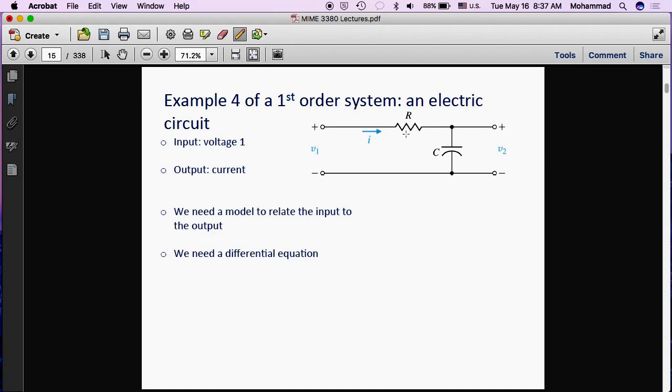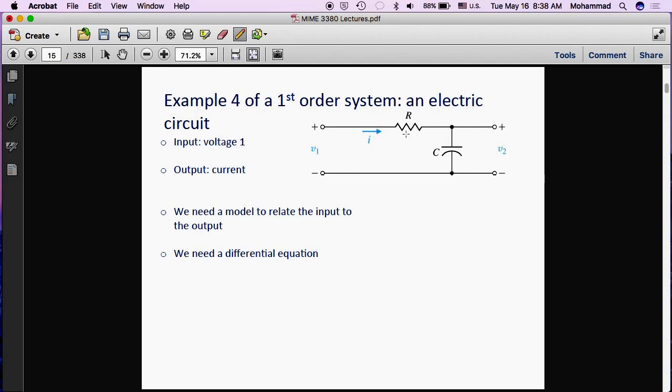And we know that it is a dynamic system. It is not that as soon as you flip the switch on and start applying the voltage, the current will go immediately to a value and stay there. It would be a gradual change. So it's a dynamic system. What element causes this system to be a dynamic system? The capacitor, exactly. Very good, thank you.